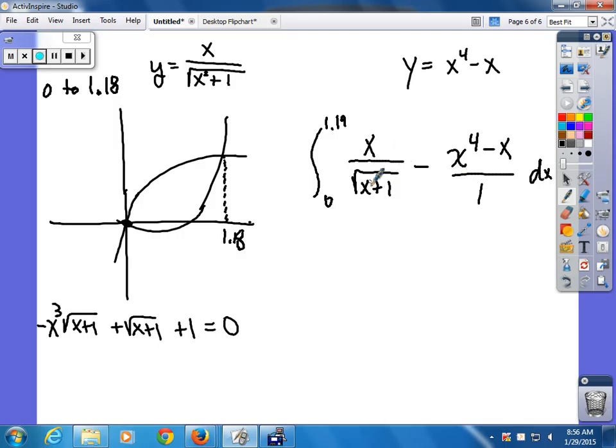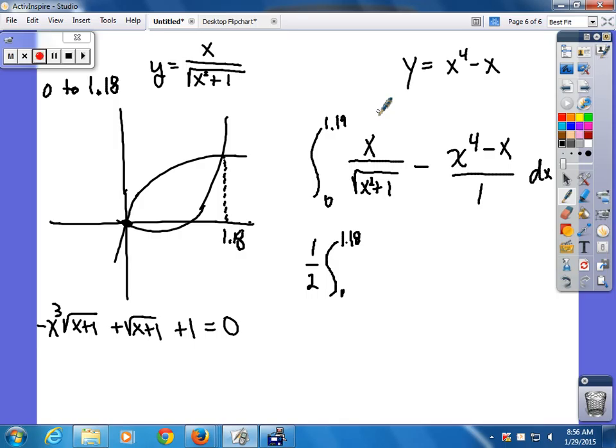Because this, yeah, that would be 2x dx, so you'd put a 1/2 out front, right? So that would be 1/2 the antiderivative from 0 to 1.18. Let me just rewrite it.